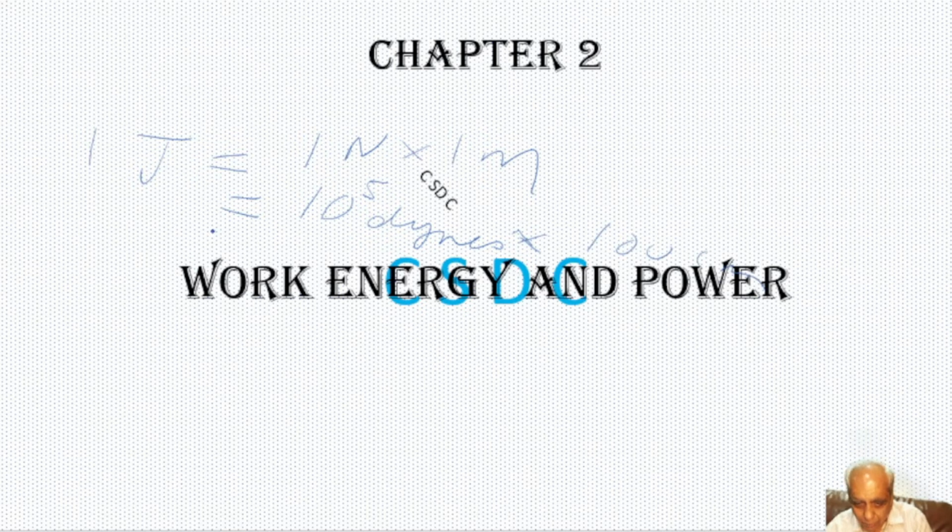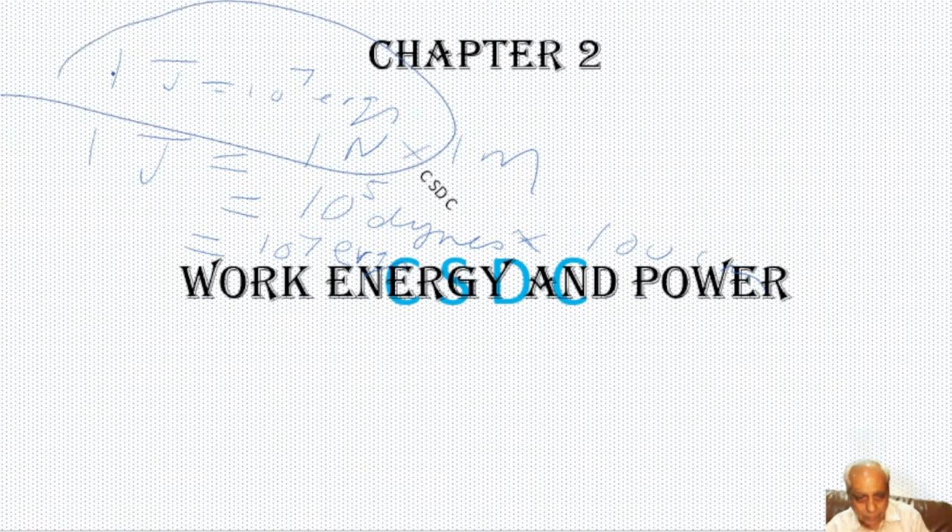So if I multiply these two, I will get 1 joule equal to 10 raised to 7 dyne centimeter, which is called erg in CGS. So this is how we can convert from one system to another, that 1 joule is equal to 10 raised to 7 ergs. So you should know how to calculate this.